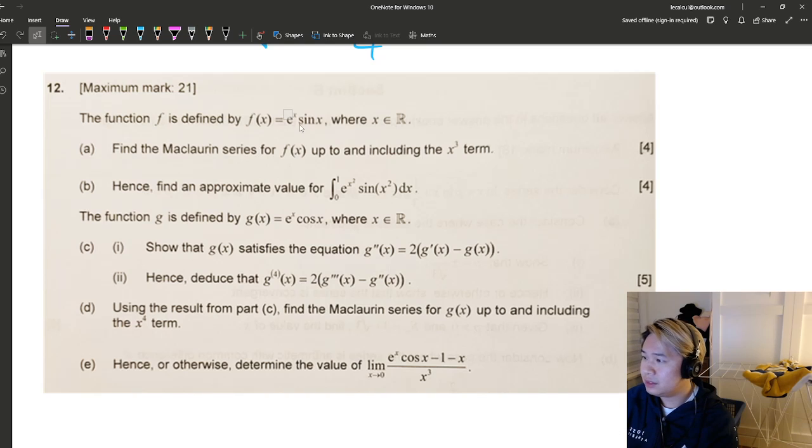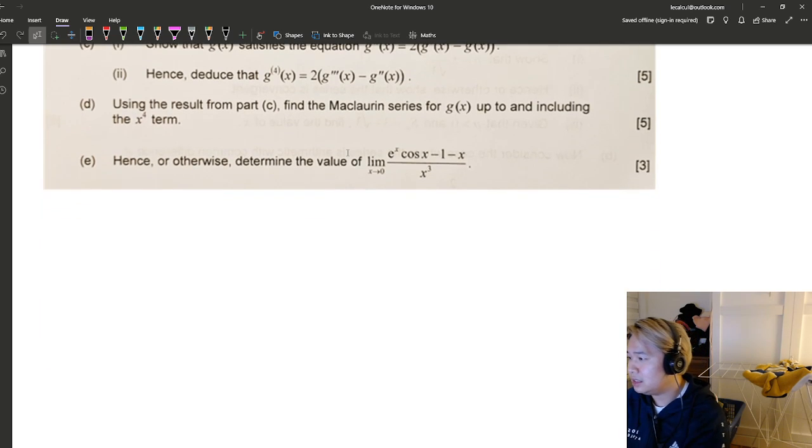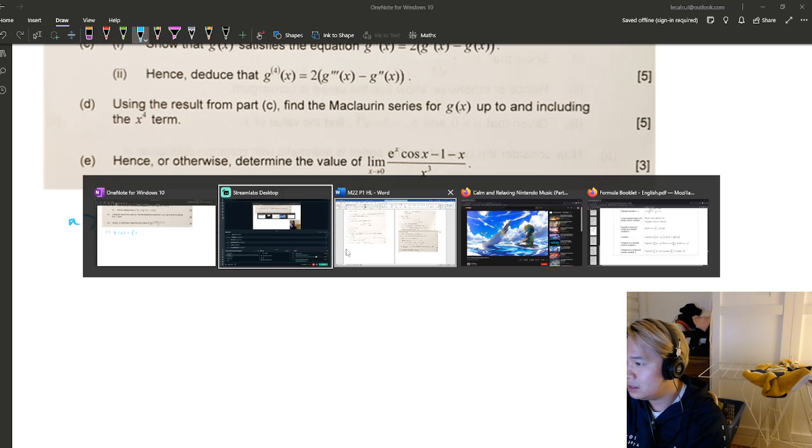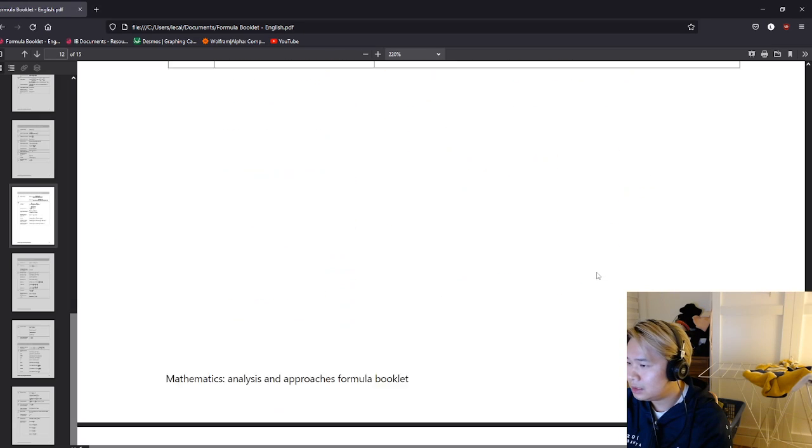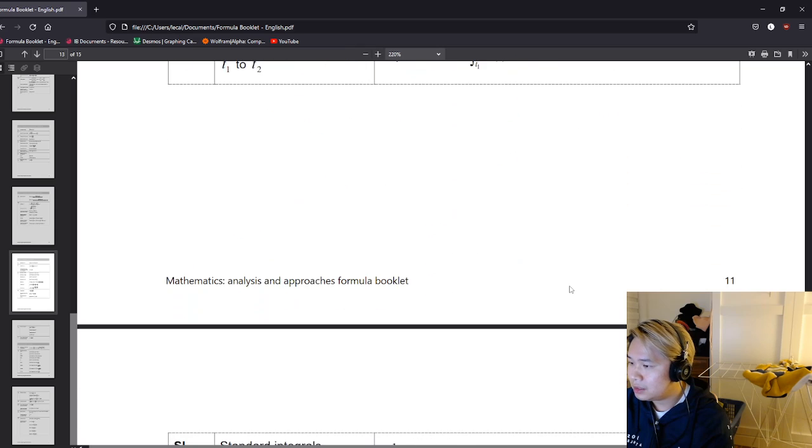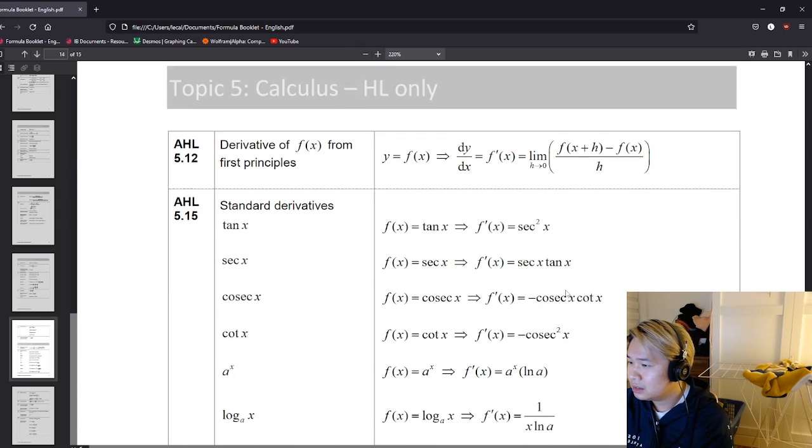So each one of these individually, e to the power of x and sine x, have their own Maclaurin series. So what we can do is just expand them out. So e to the power of x is 1, and then I need my formula booklet because who the heck remembers what the Maclaurin series are?